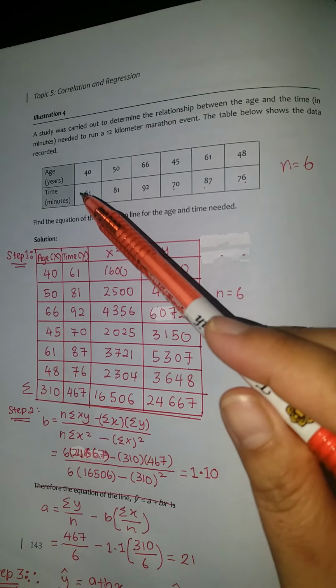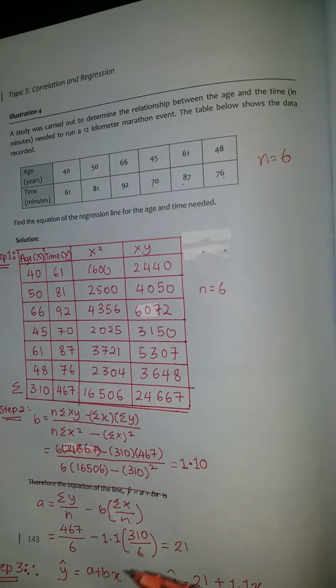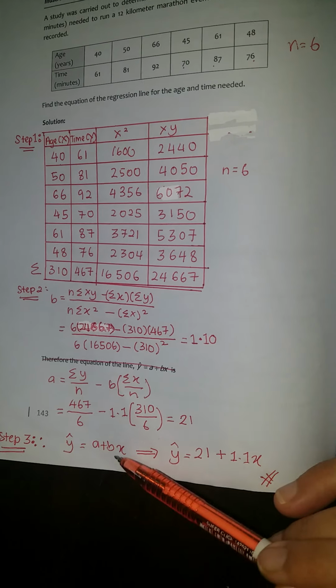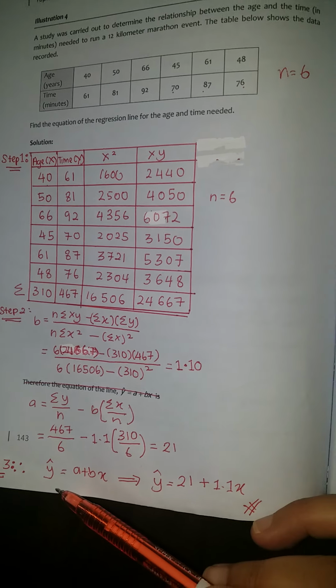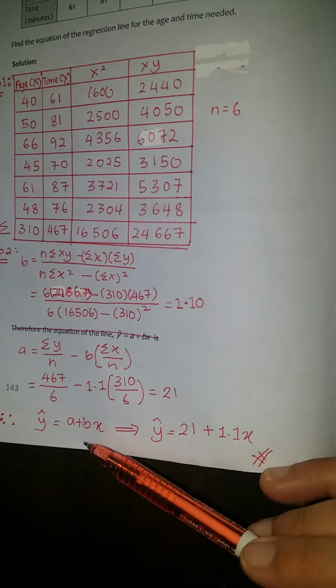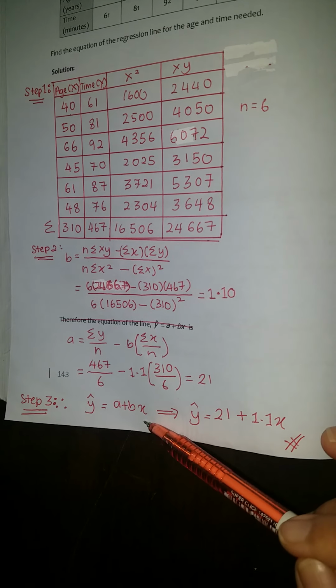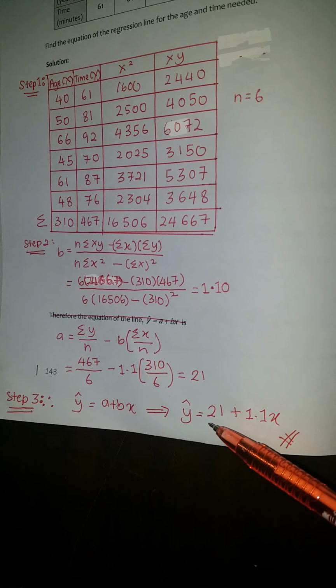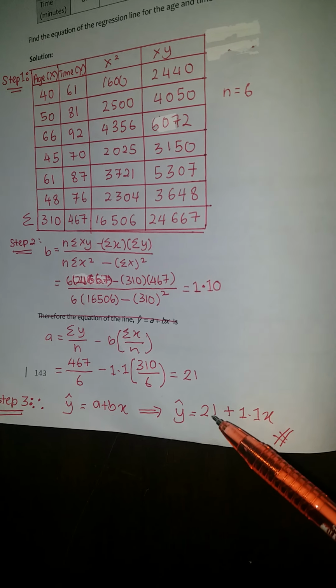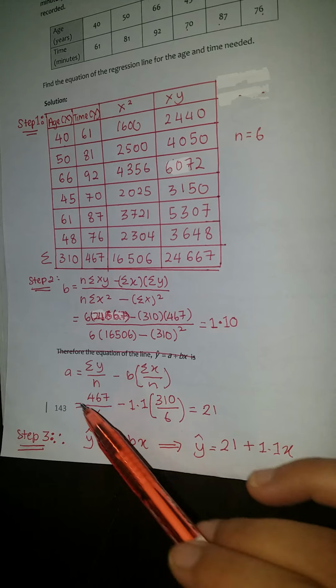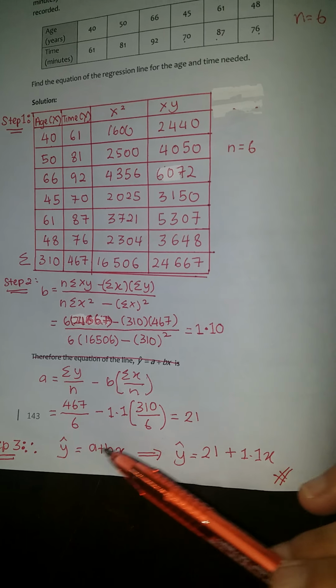The linear regression for this data. So as we know, the standard form of linear regression is y hat equal to a plus bx. So this is the equation for linear regression. So what you need to do is just substitute a and b into this equation.